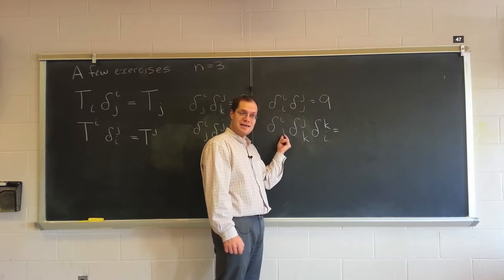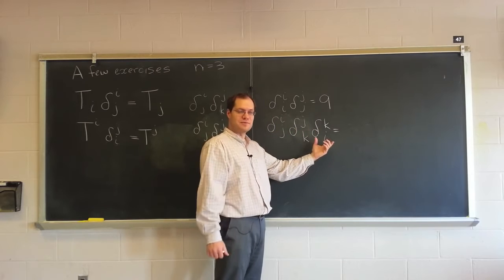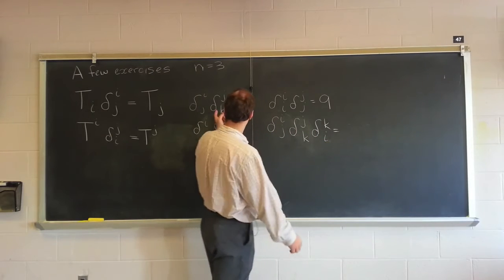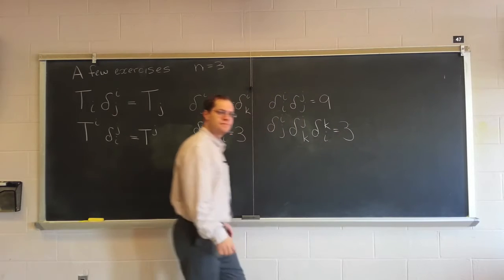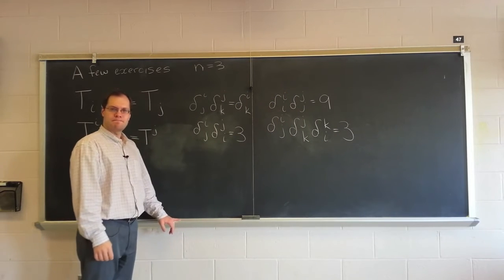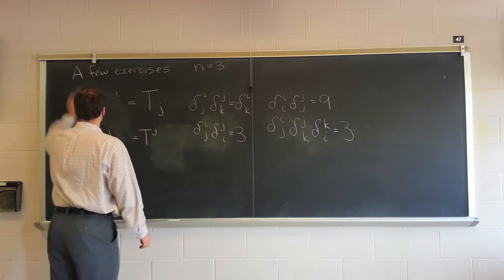It becomes delta ik. Then you visualize what we have now, delta ik, delta ki, same as this. So 3. Okay, that's the first few exercises. Let's do a couple more.